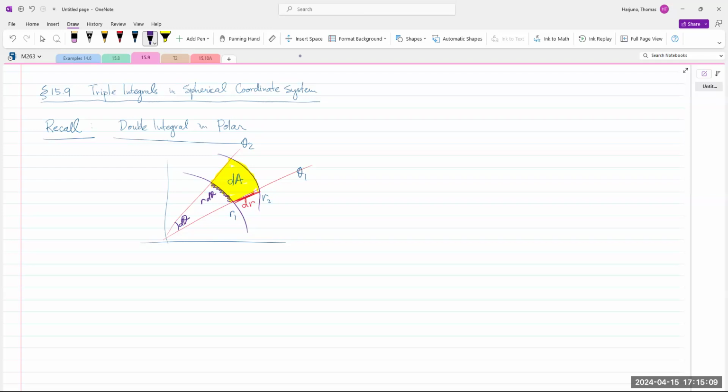That's how we get that dA equals r dr d theta.